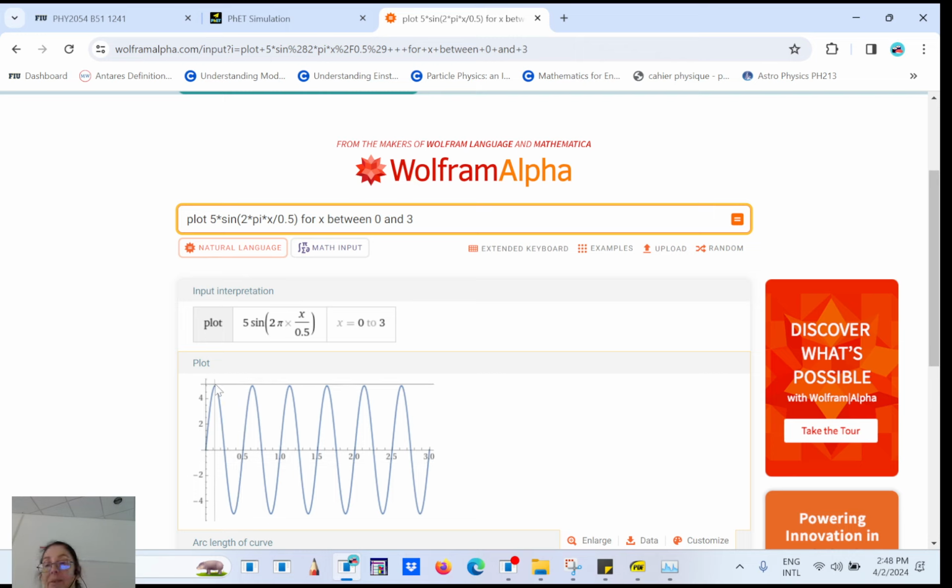What's the peak value here? Yeah, so 1, 2, 3, 4, 5. You see, you have the peak value here. So with a sine function, the coefficient here is always the peak value. At the denominator, you always have the period.